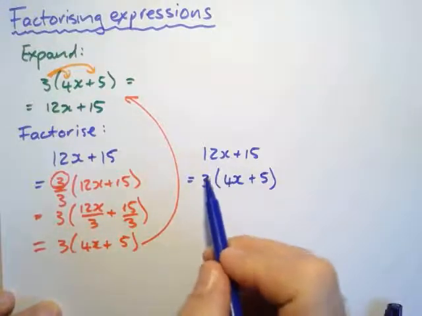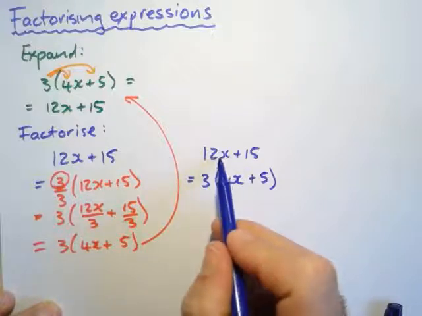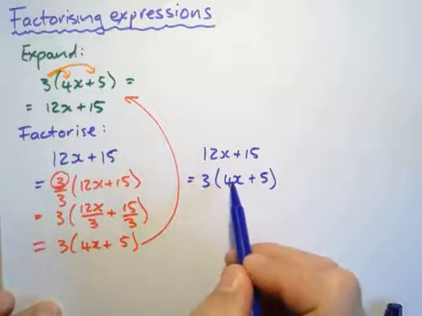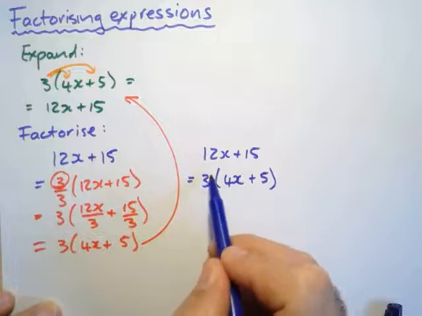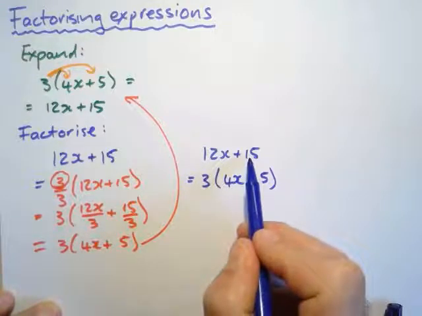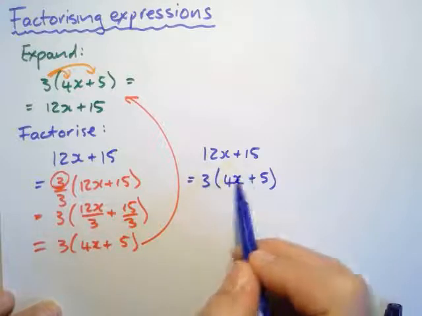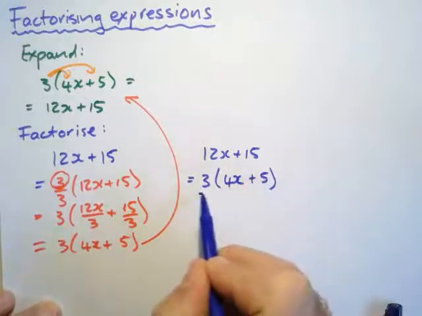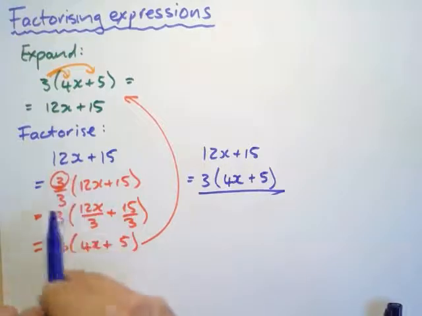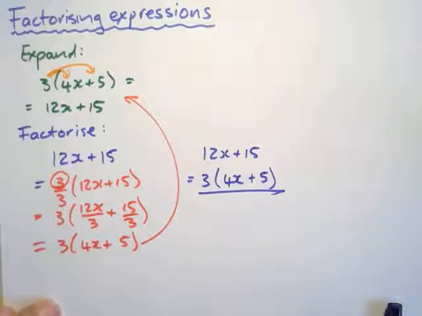Or you can say 3 is the common factor, 12x divided by 3 is 4x, and if I take out 3 as a common factor, 15 divided by 3 is 5. You don't have to do all the red, this is just what it actually means. Look at the examples to know how to do each of those questions.